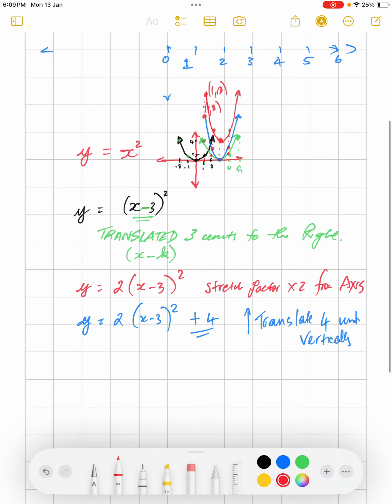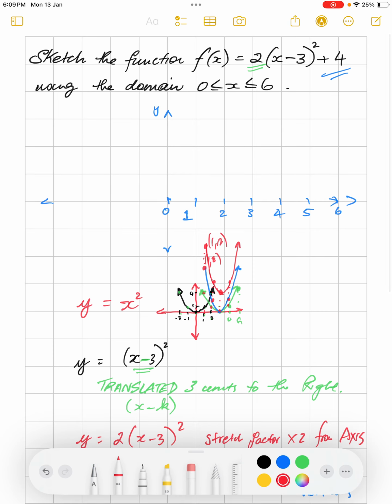Where's our x-axis? Okay, so we want from 0. If you substitute 0, you can find out the starting point. 2 times 0 minus 3 squared plus 4 equals 2 times 9, 18, 22. So it's going to be 22. So let's go 10, 20, 30.